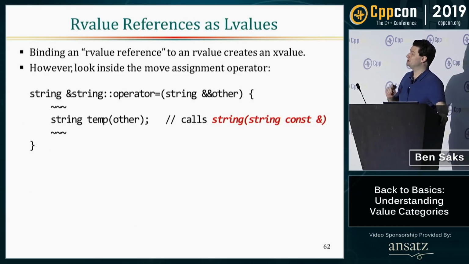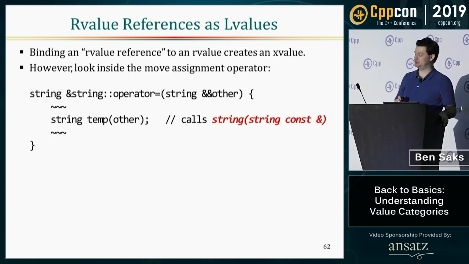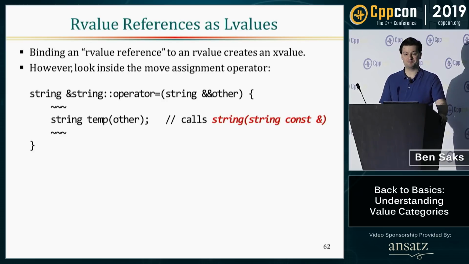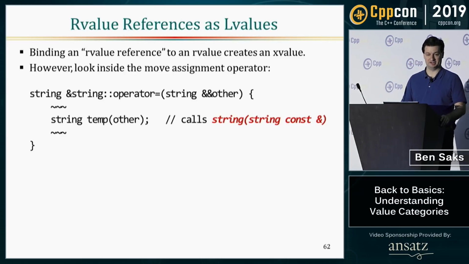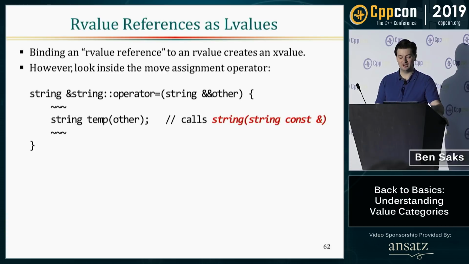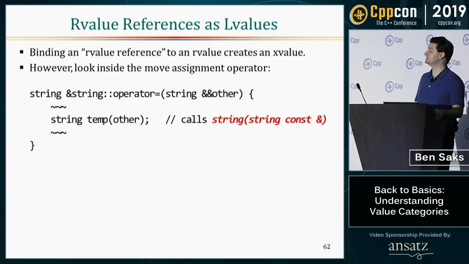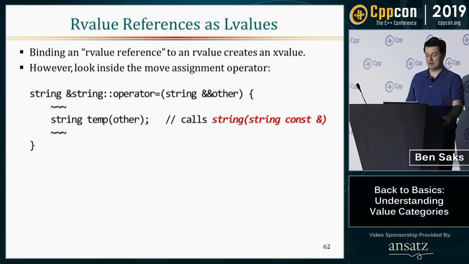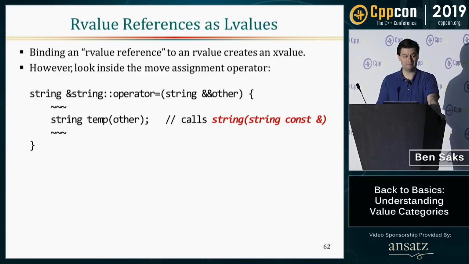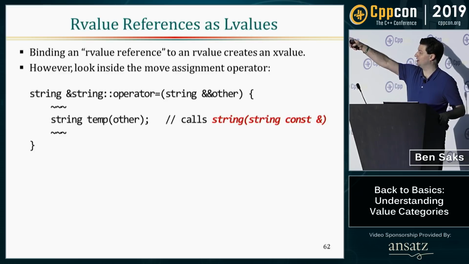So when you bind an R value reference to an R value, it performs one of those temporary materialization conversions. It creates an X value, an expiring value. But let's look at the code inside the move assignment operator here. That R value reference is a parameter to the function called other there.